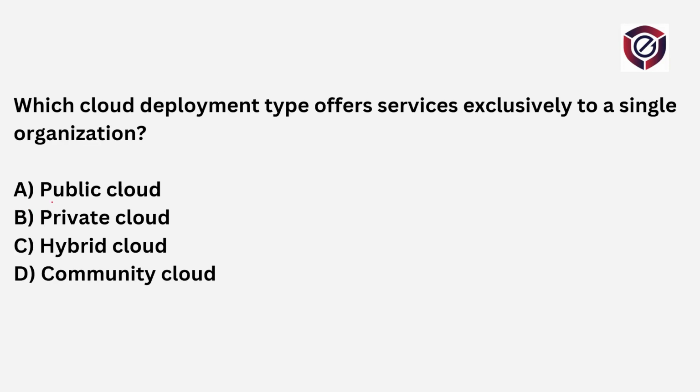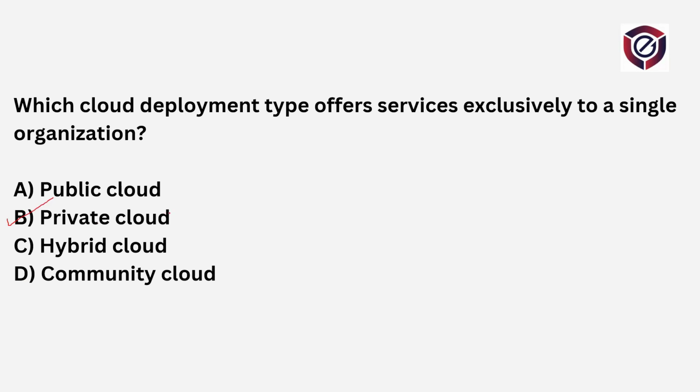Next question. Which cloud deployment type offers service exclusively to a single organization? Remember, whenever a single organization wants to have its own cloud services, it creates its own cloud system. Such cloud systems are called private cloud. The correct option is option B, private cloud.